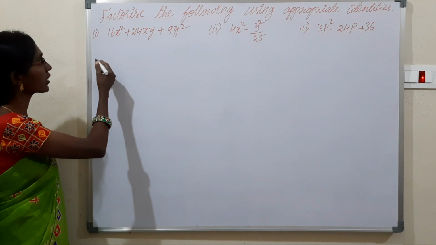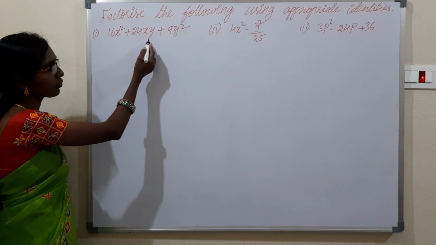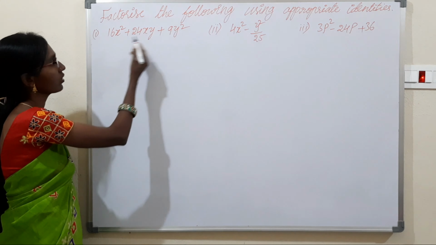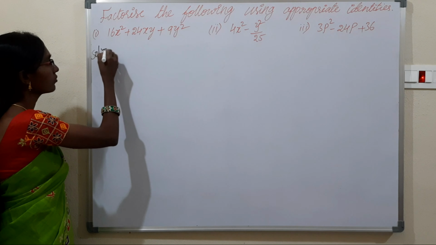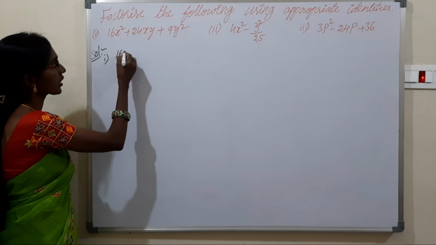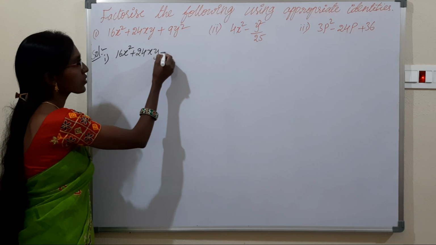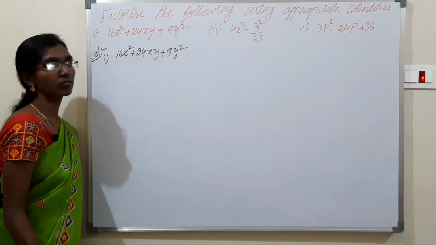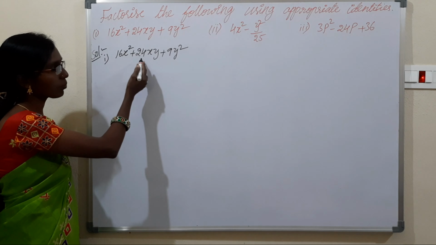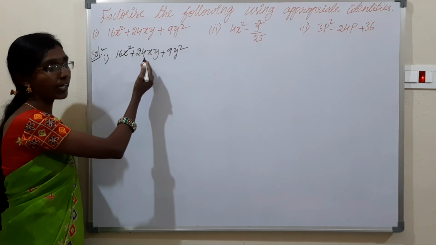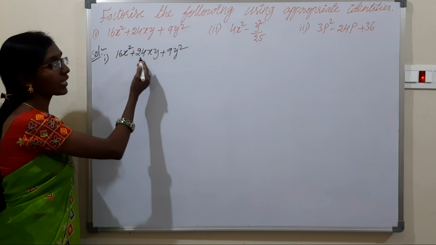In that, the first one is 16x square plus 24xy plus 9y square. Solution. The given question is 16x square plus 24xy plus 9y square. Before going to factorize the given polynomial, we have to find which identity form the given polynomial is in.